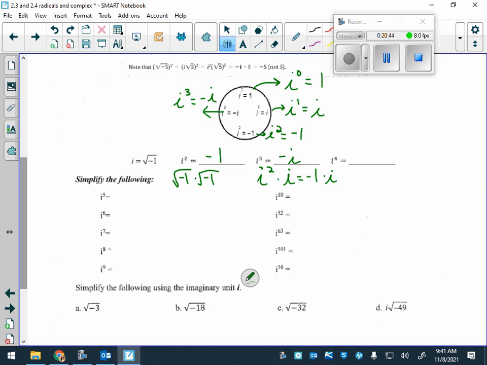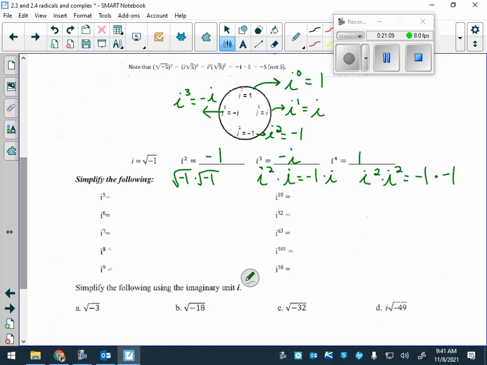It has to deal with the square root of negative 1. i to the fourth is made up of i squared times i squared. What does i squared equal? Negative 1. What's negative 1 times negative 1? 1. That's where it repeats the process.